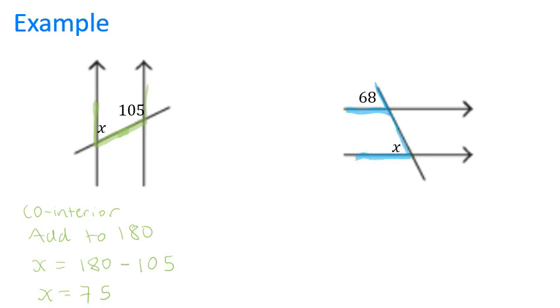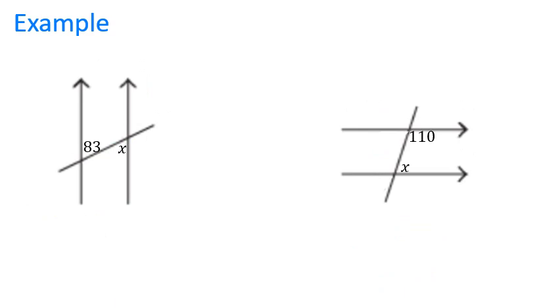Our next one here, drawing the corners. I can see it makes the F shape again, which is corresponding. Corresponding angles are equal. So x equals 68. Last two, where I'm going to do the exact same thing.